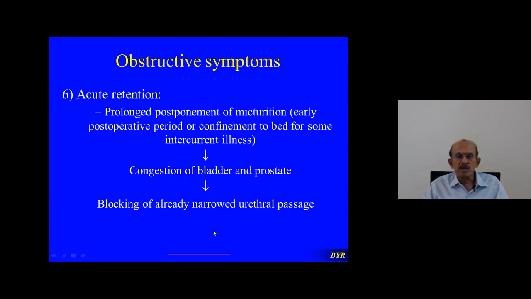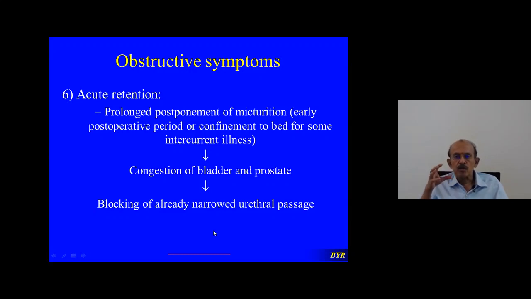So how to postpone micturition? By forcibly contracting the external urethral sphincter. When the external urethral sphincter is contracted forcibly, then urine cannot come. So the bladder, though it wants to push the contents out, because the external urethral sphincter is contracted, its contractions won't help.